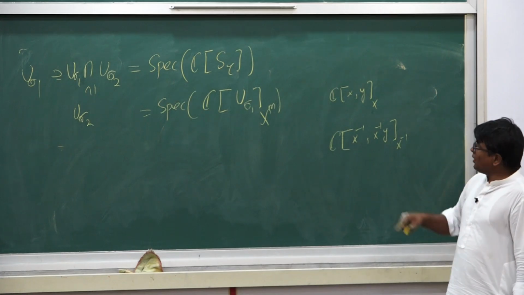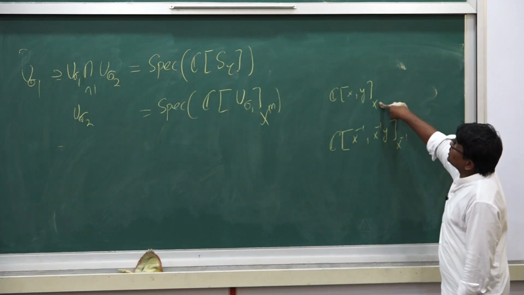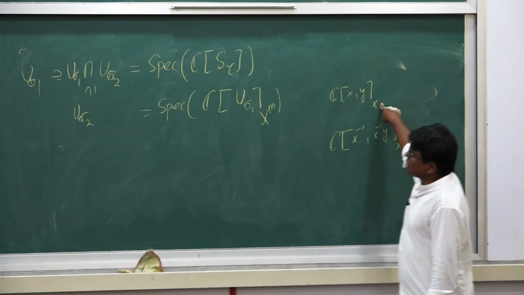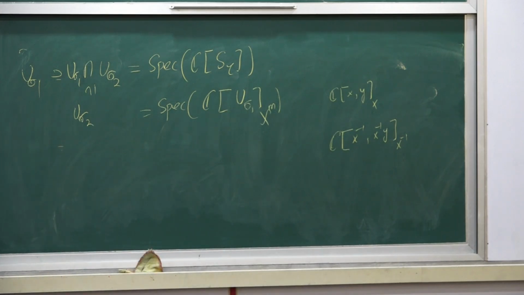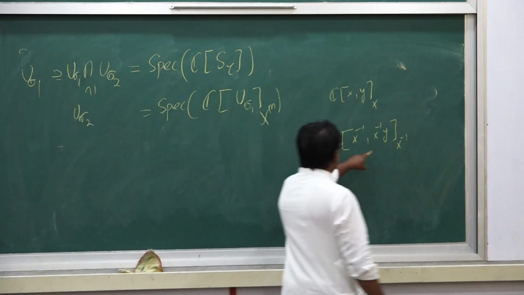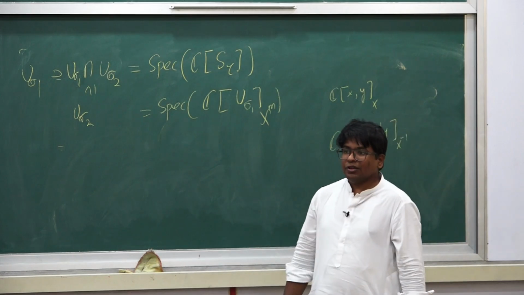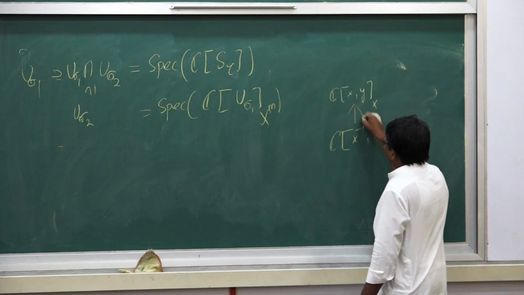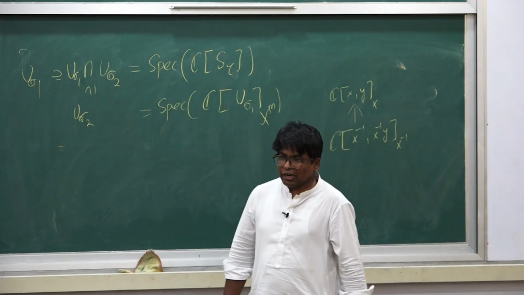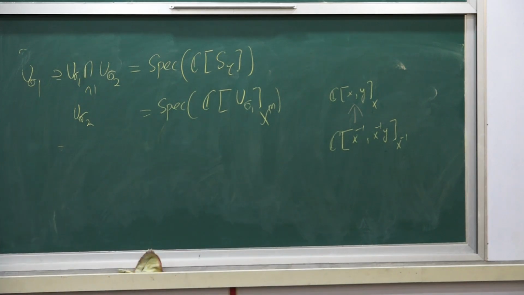And note that if I replace x with x1 over x naught, then this is exactly the localization of U naught intersection U1 realized in U naught. And if I do this one, that is realizing that intersection in U1. And it turns out that the gluing data which I can get is exactly that which I can get from there.